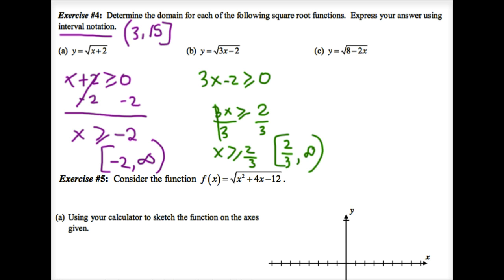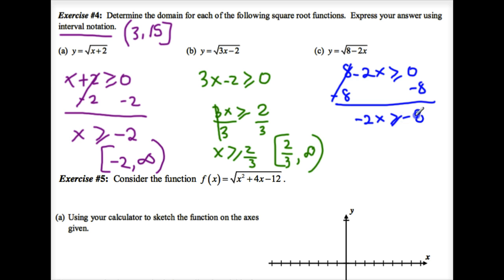The last one that we have is 8 minus 2x greater than or equal to 0. Now I want a minus 8 on both sides. This is cancelled. I'm left with minus 2x is greater than or equal to minus 8.